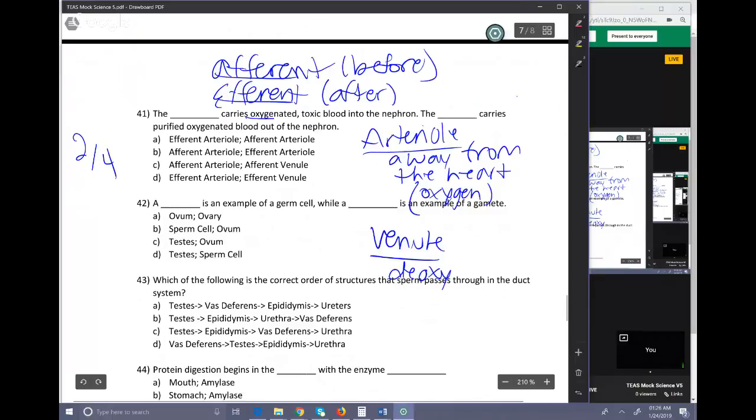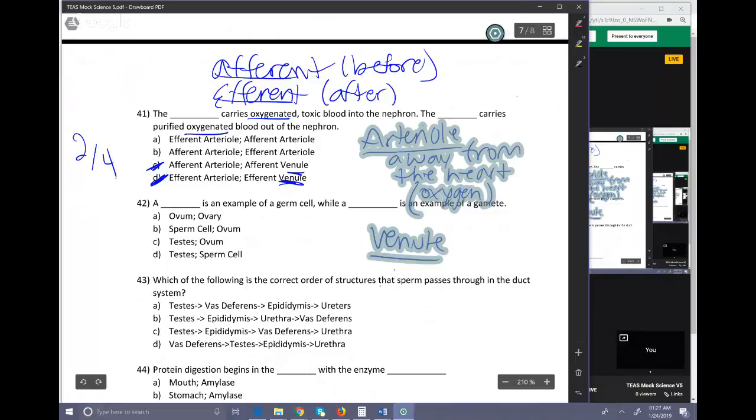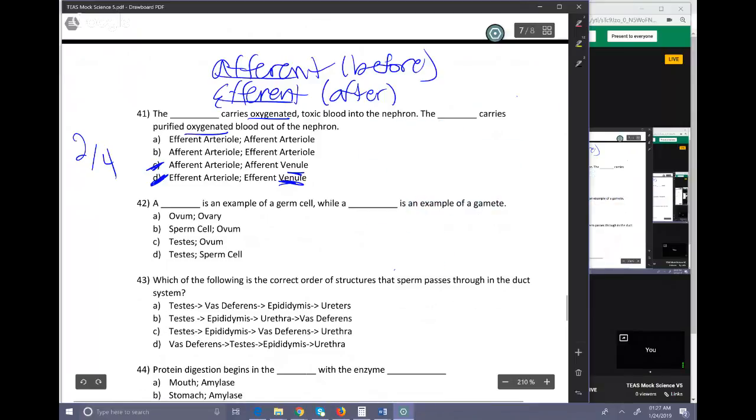So if we're remaining oxygenated here, it would be fair to say we don't want venule to be in our answer, right? Because we're not deoxygenated. Both of these do say oxygenated. So what we're dealing with is arterial versus venule. We've got that figured out because we have not done gas exchange. We have not found a reason to change from an arterial to a venule. So we want arterial to be in both halves.